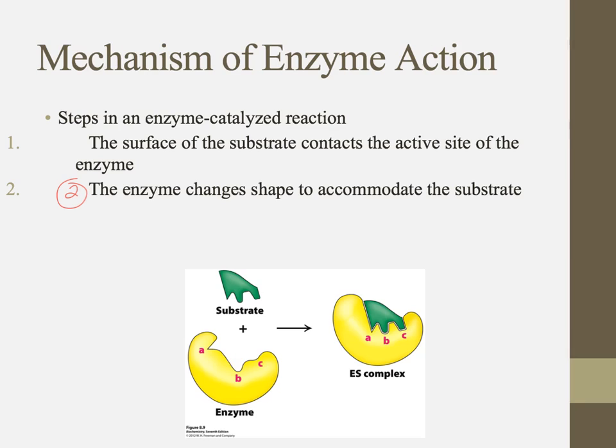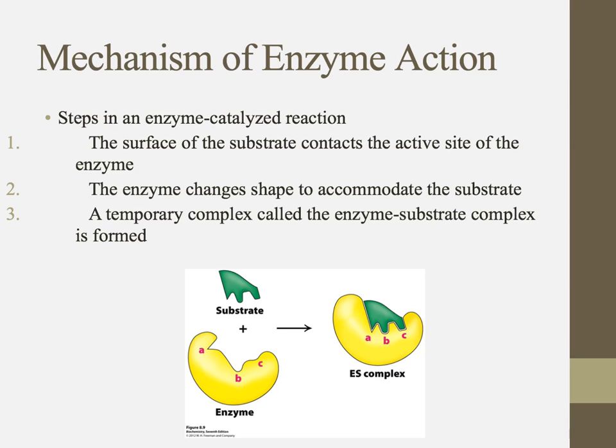It can still only fit this certain substrate, but it conforms to the shape of that substrate only after the substrate binds there. This is going to cause the formation of a temporary complex called the enzyme substrate complex, or ES complex, but I'd really rather you write this out for the first time. And that's just a temporary state where the enzyme and the substrate are stuck together.